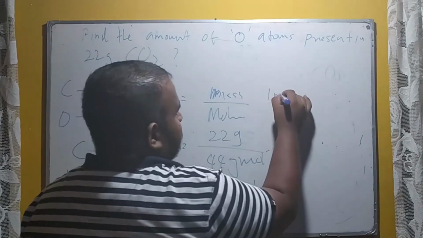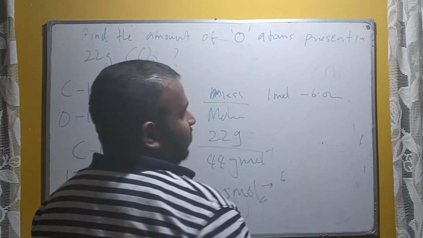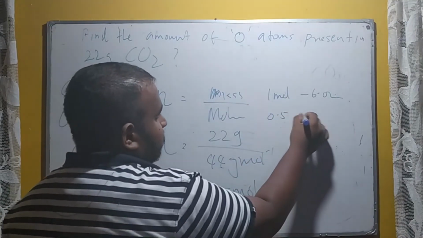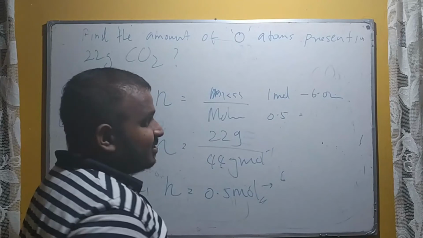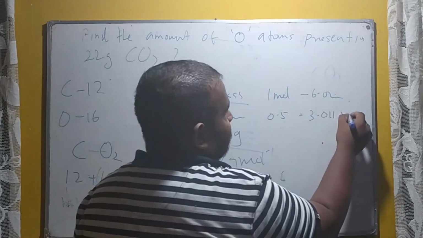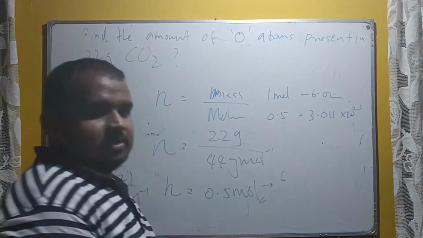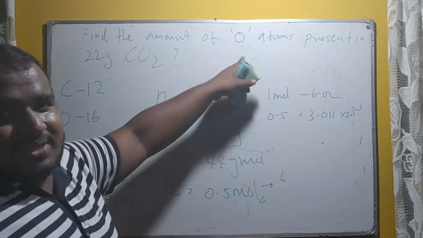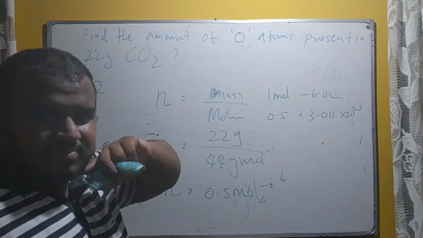So we know that 1 mole is 6.022 times 10 to the power of 23. So what about 0.5 mole? It is 3.011 times 10 to the power of 23, right? But what have they asked? They have asked about oxygen.